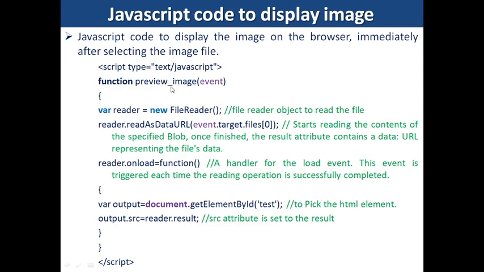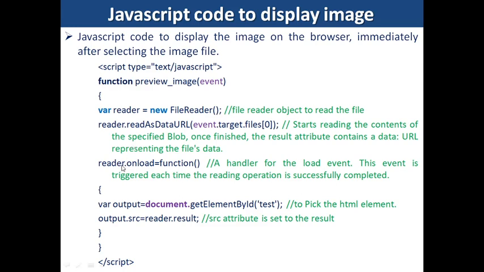This event will be raised by this file input, and event.target, the input which has raised this event, and then files[0]. So the 0th index file will be read as data URL. It starts reading the contents of the specified block. Once finished, the result attribute contains a data URL representing the file's data.